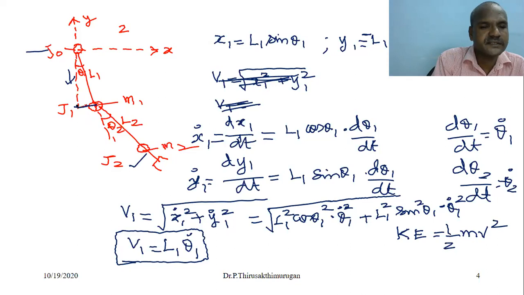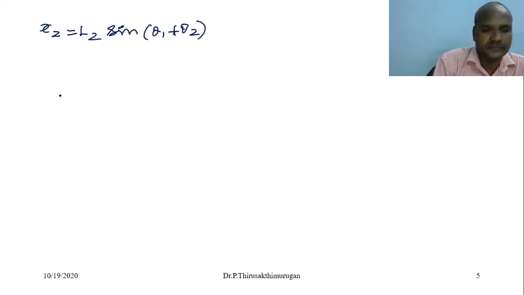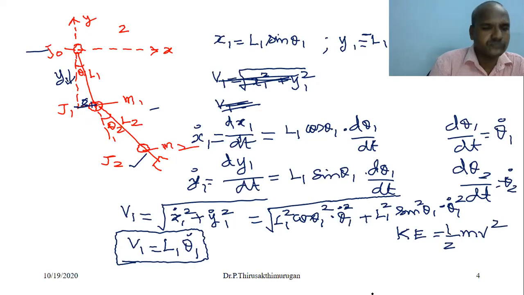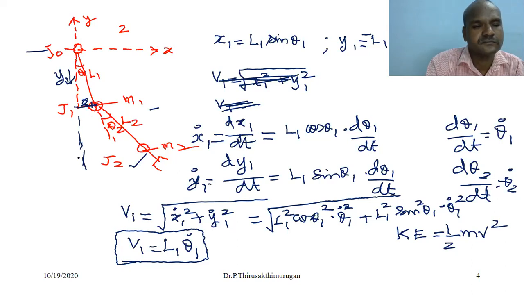This is x1. This is y1. Here, this is x2. This is y2.